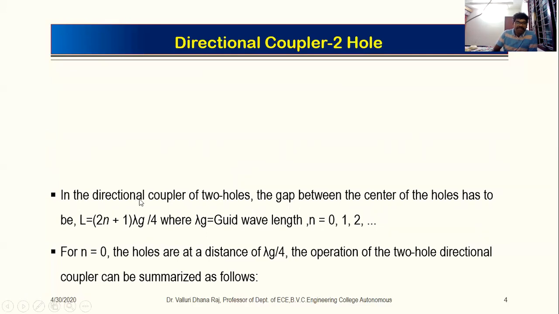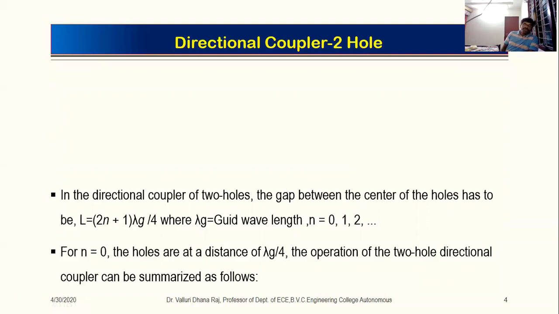The spacing between the centers of the holes made on the wall of a waveguide is equivalent to (2n plus 1) times lambda g by 4, where lambda g is the guide wavelength and n is a positive number taking values 0, 1, 2, and so on.